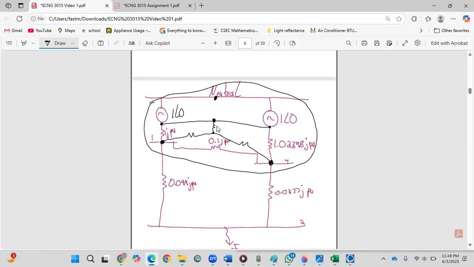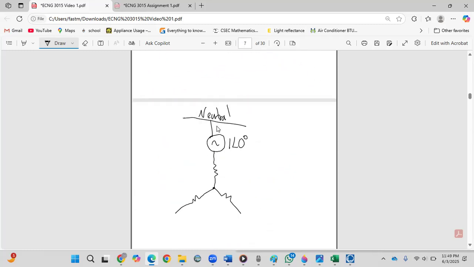So it will be 1 multiplied by 1.02348, divided by the sum of all of them: 1 plus 0.1 plus 1.02348. So you end up with, on this one here, 0.54819.